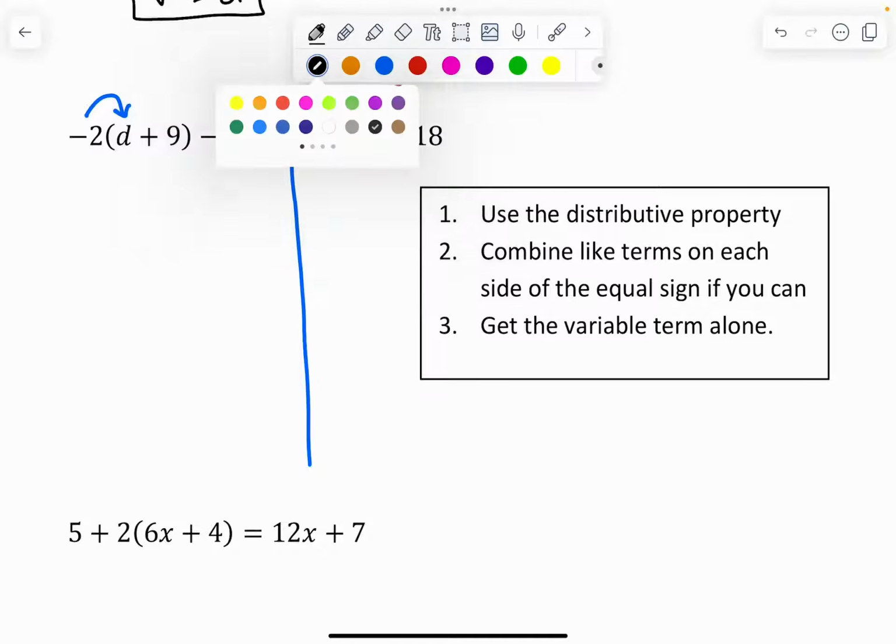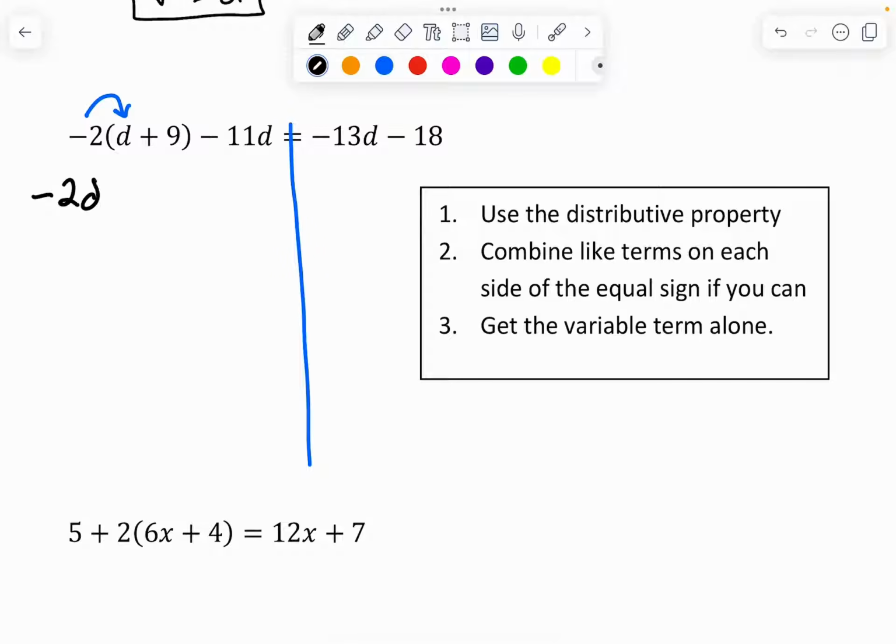Negative 2 times d is negative 2d. Then we have negative 2 times 9 is going to be negative 18 minus 11d. So we used the distributive property. Now we need to combine like terms if we have them. So here we have d to the first and d to the first.